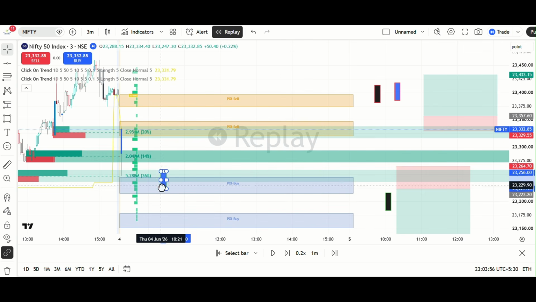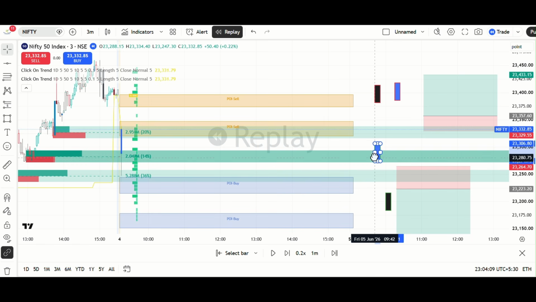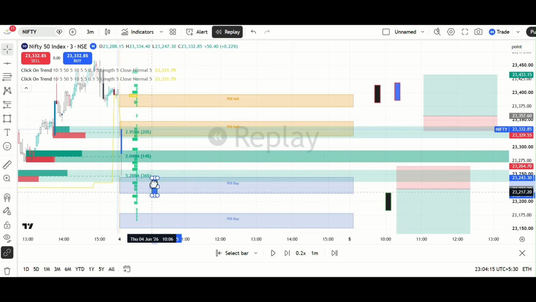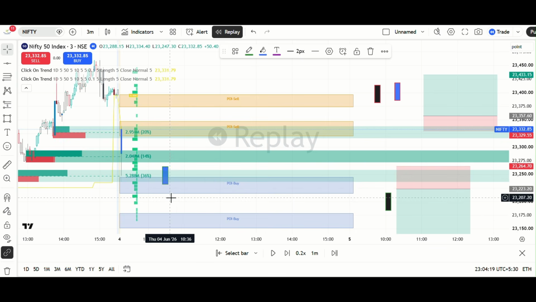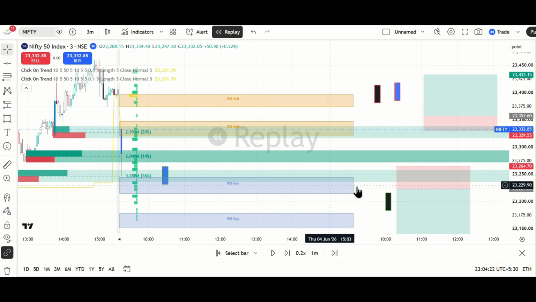Let's say now a blue candle with a green outline, meaning an institutional buying candle, is prepared in a buy zone, maybe the bottom one, maybe the top one, or either of these. The green order blocks mean bullish order blocks. So let's say it is developed here. So this is an institutional buying candle in a buy zone.